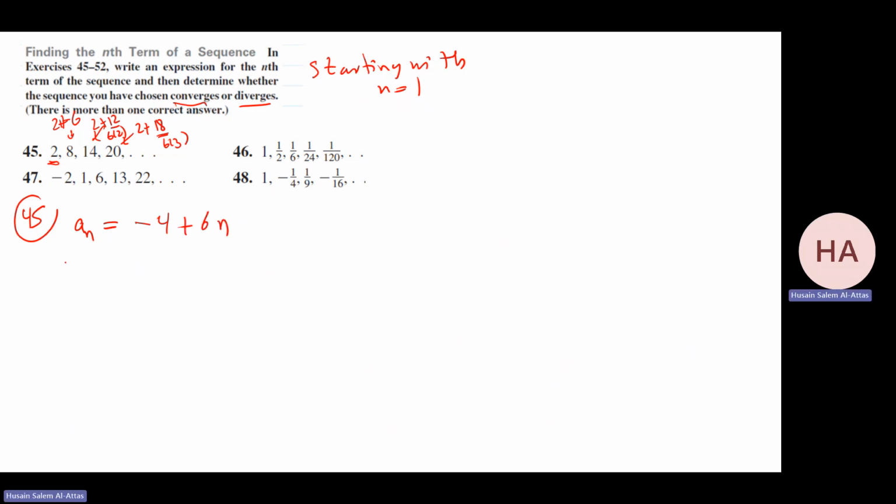So at n equal 1, it will be minus 4 plus 6, which is 2. Just to check, at n equal 2, minus 4 plus 12, which is 8. And that's it. And what is the limit of a_n as n goes to infinity of this sequence?